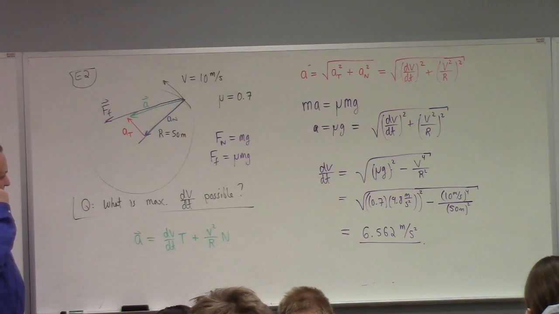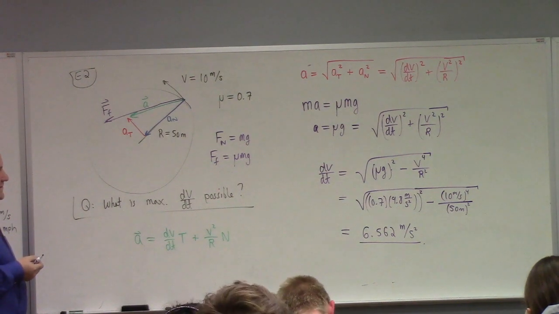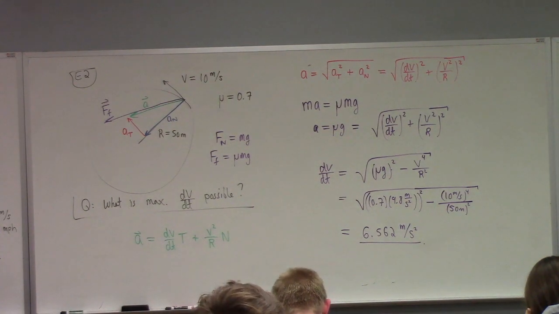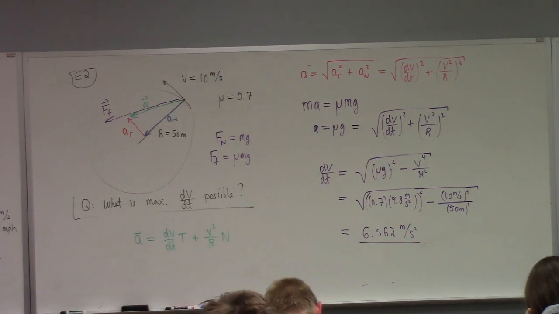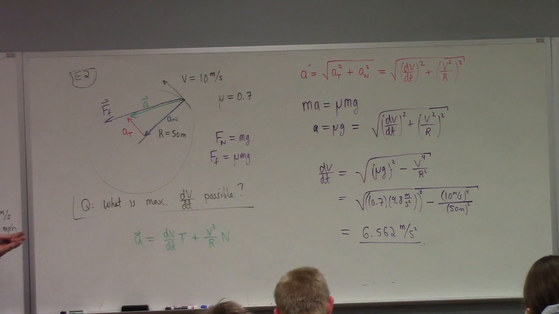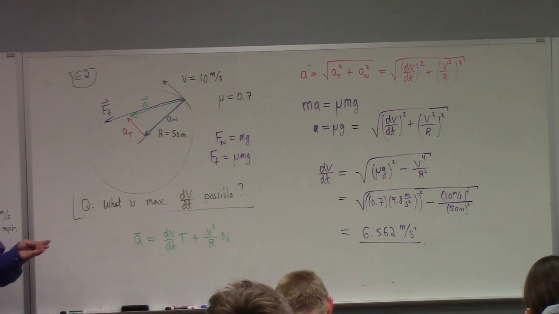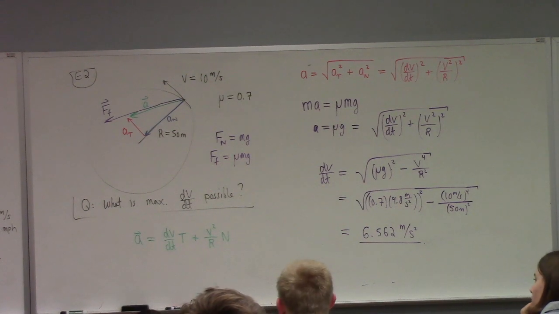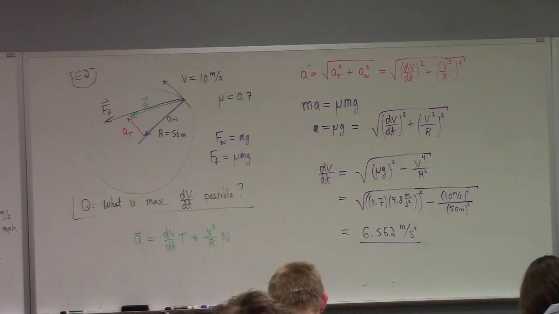I was surprised at that, because the max speed we figured out in the last problem was what? 18.5? So I was thinking it would be less because, theoretically, if you just forget about circular motion for a second and think about a straight line, the maximum friction force is what? 0.7 times the weight? What's 0.7 times 9.8? It's 6.86.